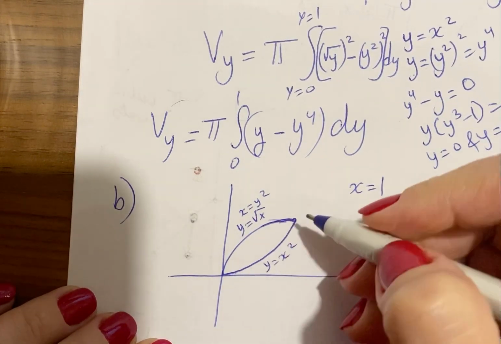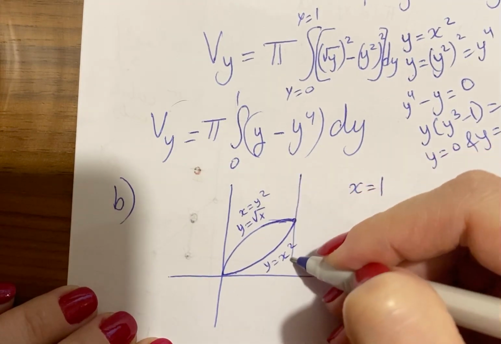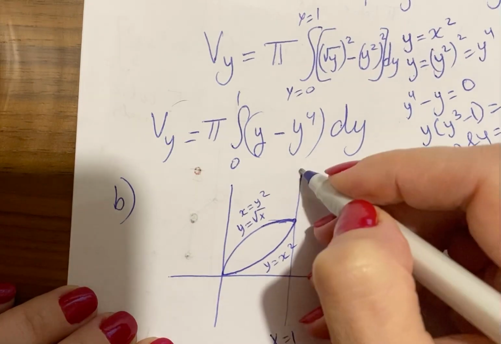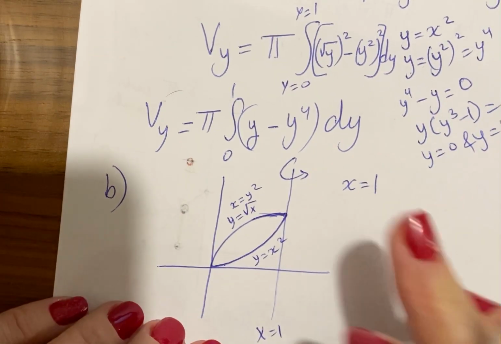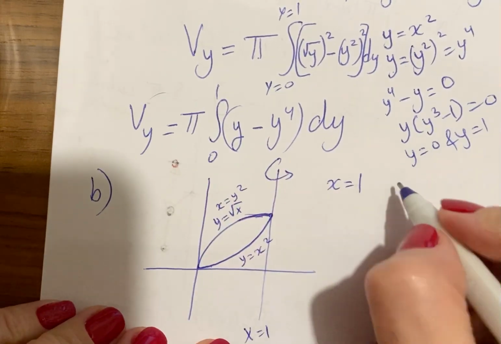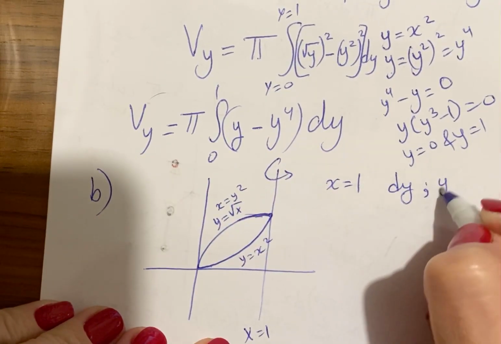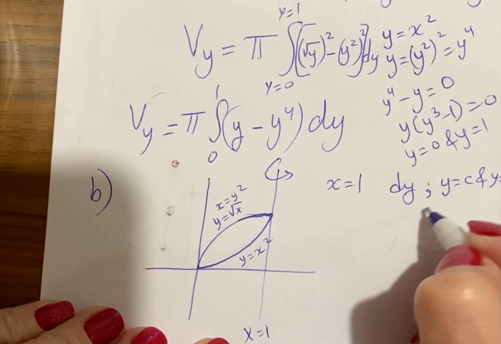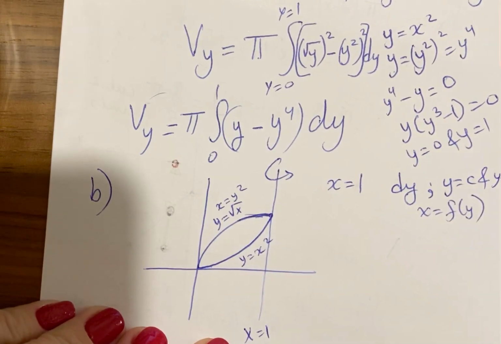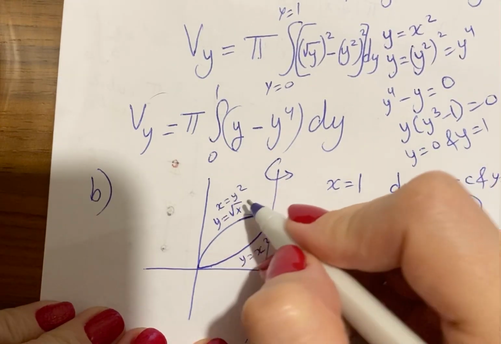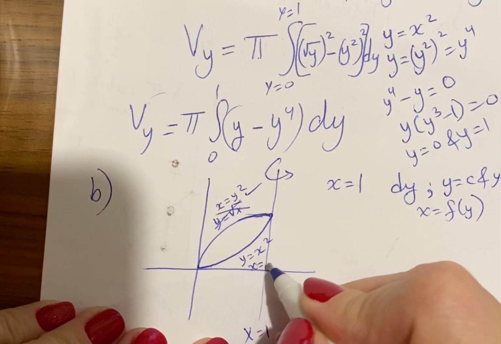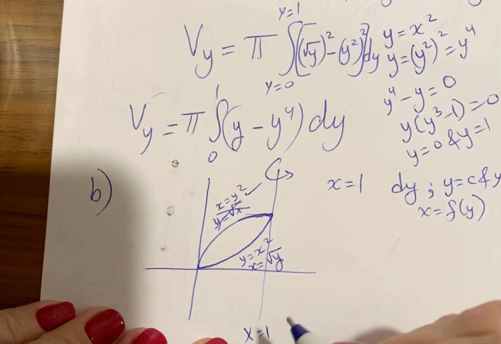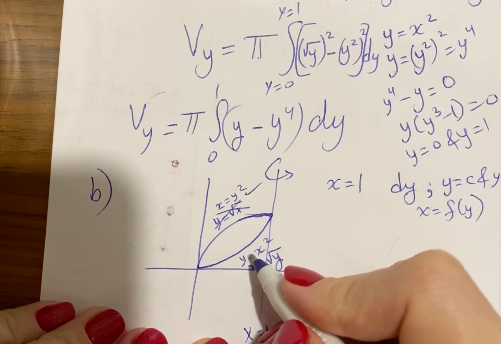The line x equals 1 is this line. This is x equals 1. This is our new line of rotation now. What will we get when we rotate? Since this is parallel to the y-axis, it behaves the same way. So dy, limits of y, and functions should look like functions of y. So this is okay. And this has to be written as x equals root y for things to make sense.